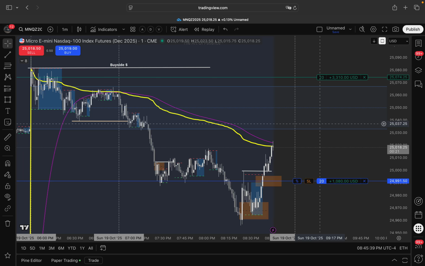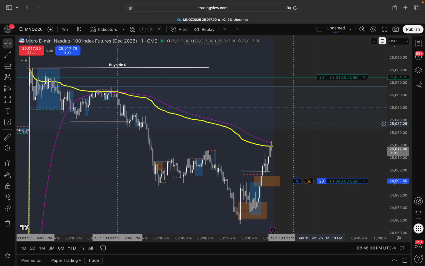Right now on my personal account, I'm up $200 for the night, which is not bad. $220 whenever price hits that take profit and the buy side liquidity. I should be around 300, maybe 400 for the night, which will be a good start to the week.